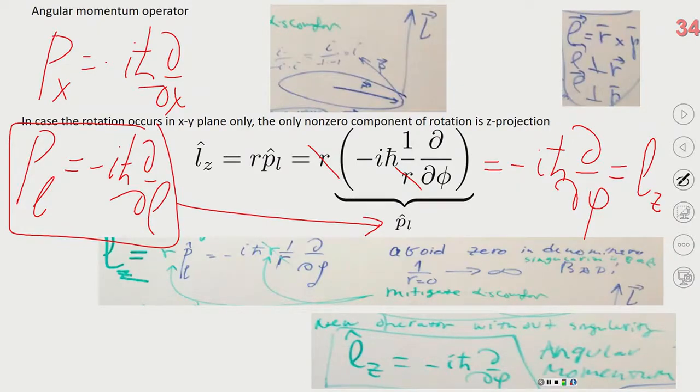So if our independent variable is angle, and we want to further deal with projection of angular momentum, then this operator looks similar to regular momentum in Cartesian space, right? Just derivative over independent variable times constant and imaginary unit.